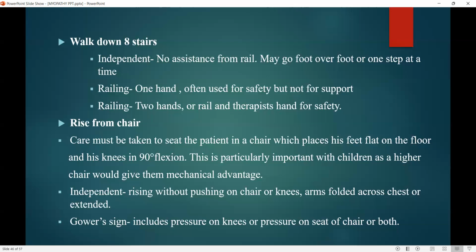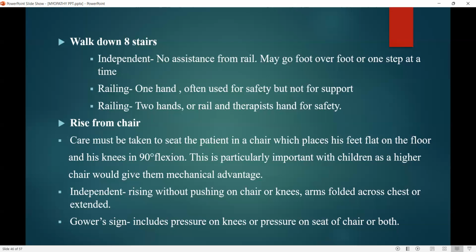Rise from chair. Care must be taken to sit the patient in a chair which places his feet flat on the floor and his knees in 90-degree flexion. This is particularly important with children. A higher chair would give them mechanical advantages.